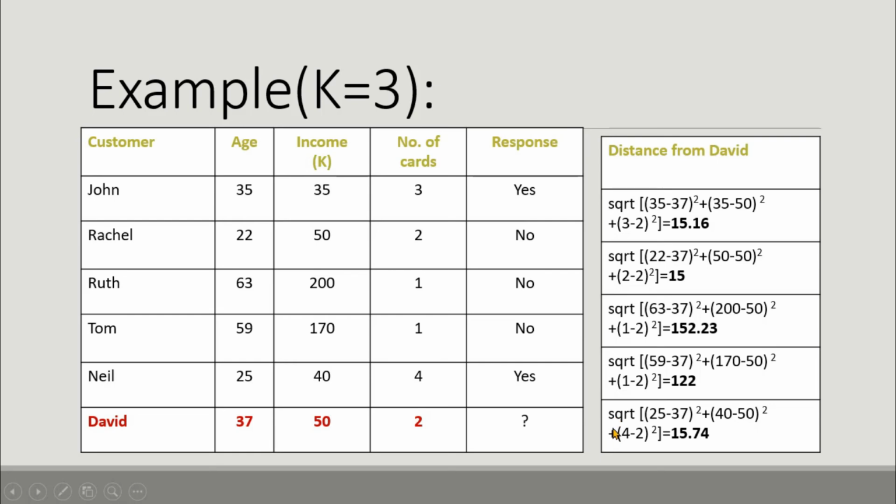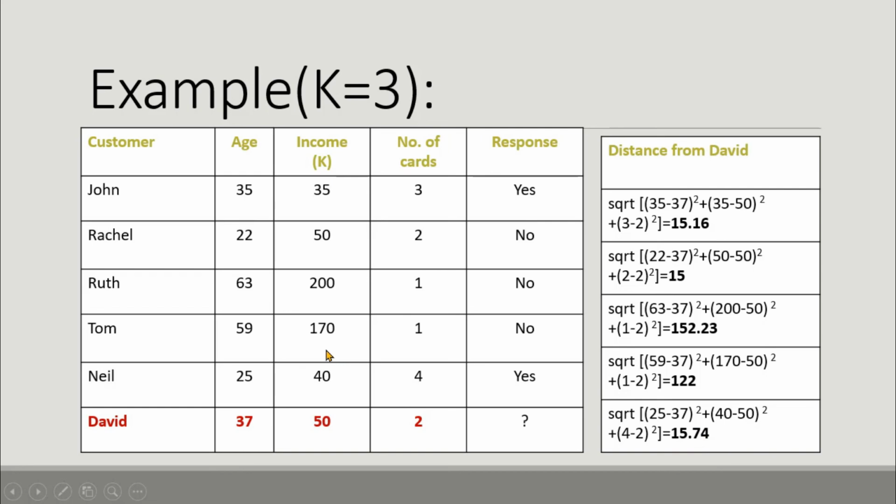So it will be the square root of (25 minus 37) whole square plus the income of Neil is 40, so (40 minus 50) whole square, plus the difference in number of cars, which is (4 minus 2) whole square. If we calculate it, the result will be 15.74.